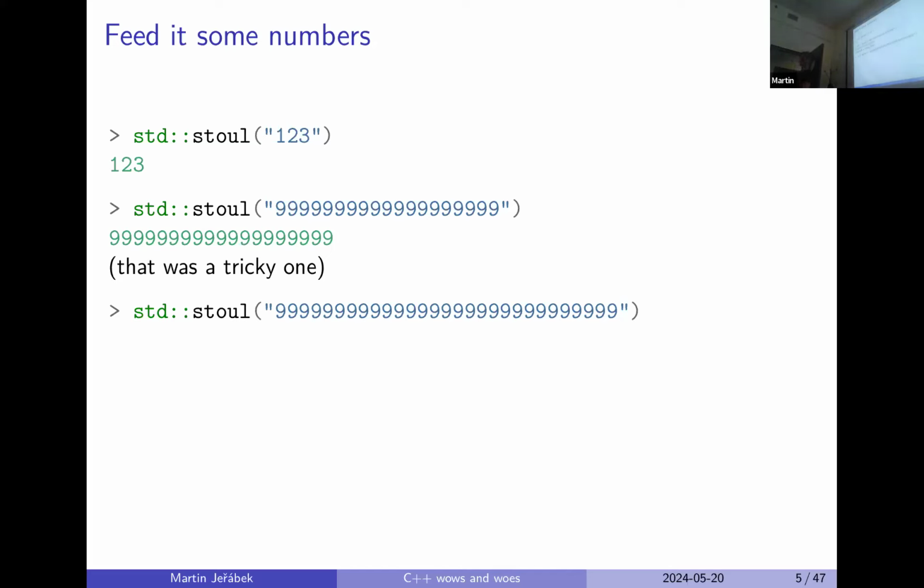Yeah, okay, so if there was a platform which would have a 128-bit unsigned long, that would work. But assuming we're on a platform where unsigned long is 64 bits, what should happen? Exception, right. And we get an exception because it's out of range.